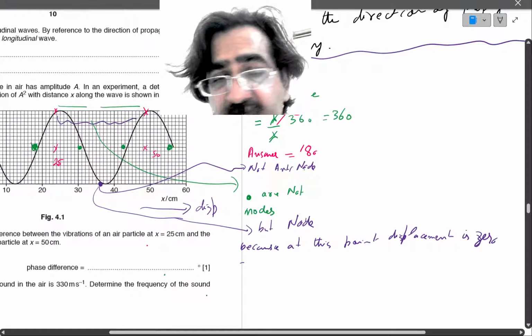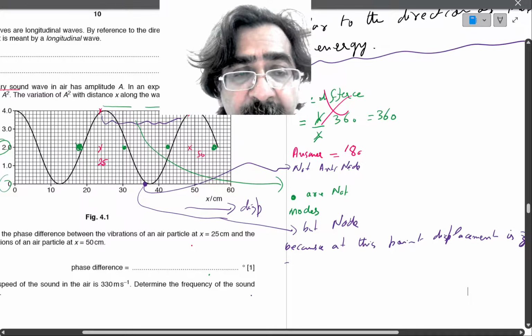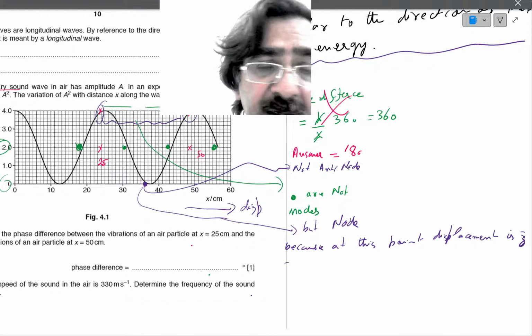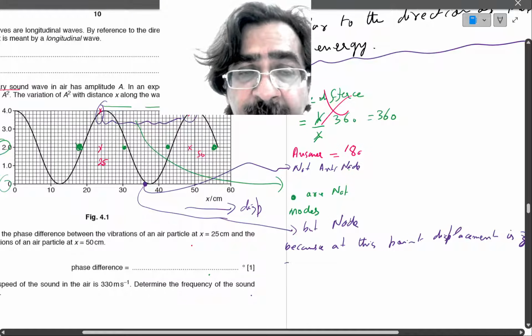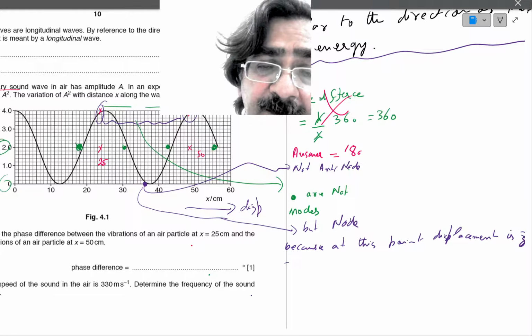Because at this point displacement is zero, and these are the antinodes. These two points are antinodes. These are the antinodes.